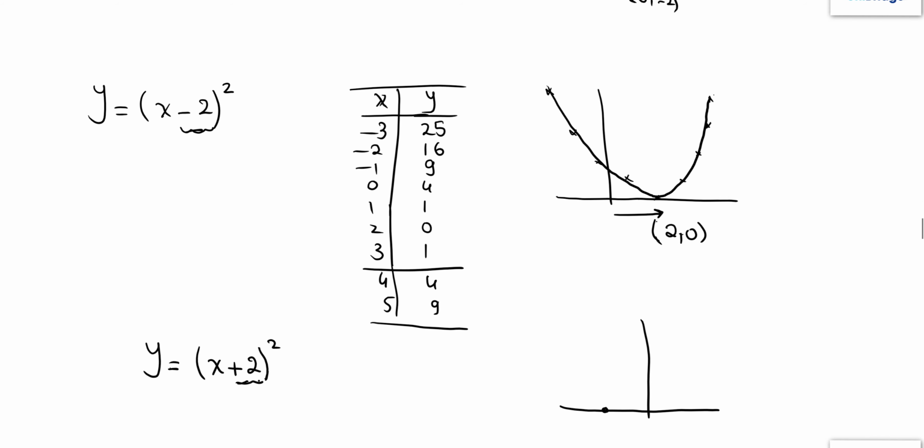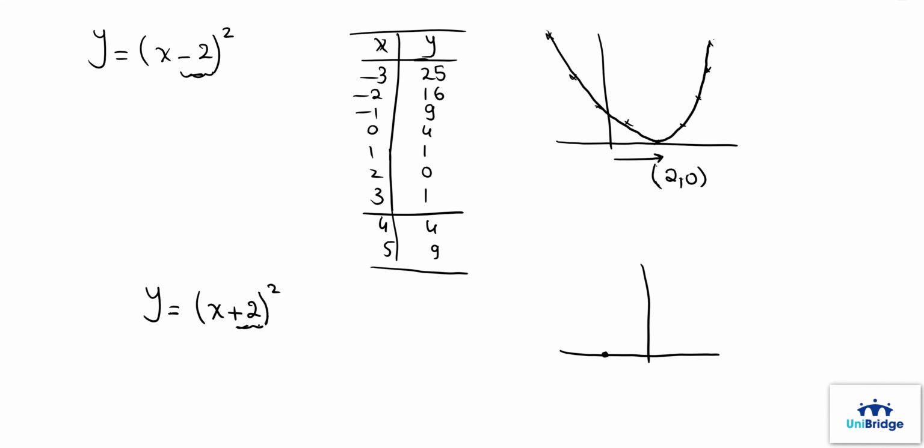But since it's inside with the x, it's going to move to the left 2 units. So this is your curve, and this is going to be at -2 and 0, right? So you need to know if it's inside the bracket, it moves left and right. If it's outside the bracket, it moves up and down.